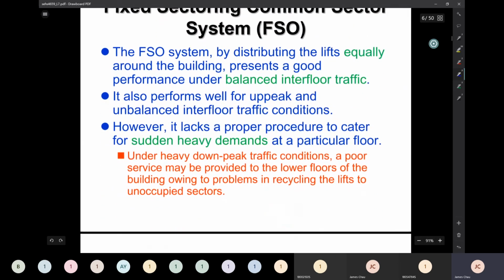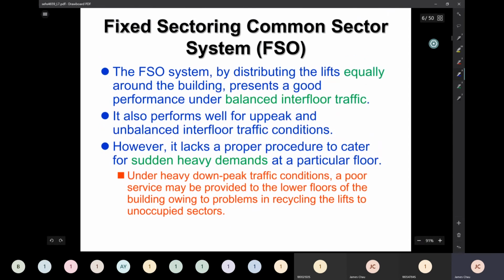Now we hope that by using the fixed setter common system, the leaf can eventually be distributed around the building in order to have good performance and balanced interfloor traffic.